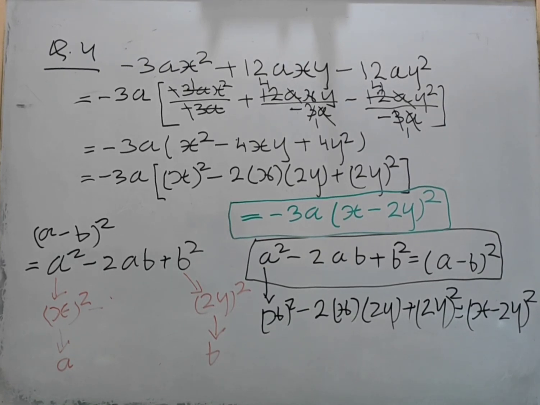Here we are using identities. In the previous question we used a plus b whole square. Here we are using a minus b whole square. Get it?